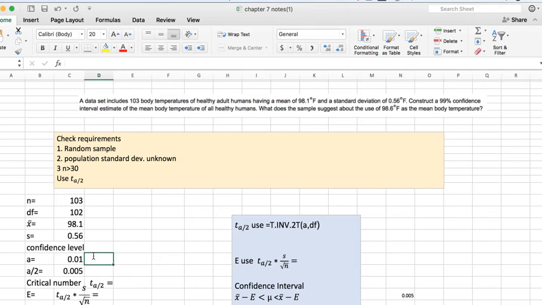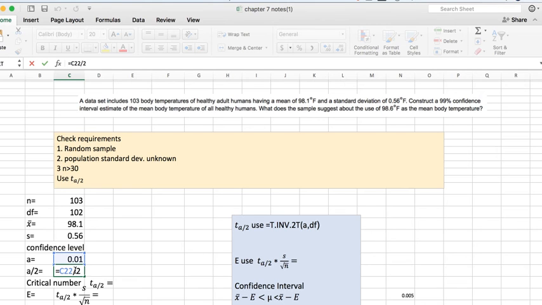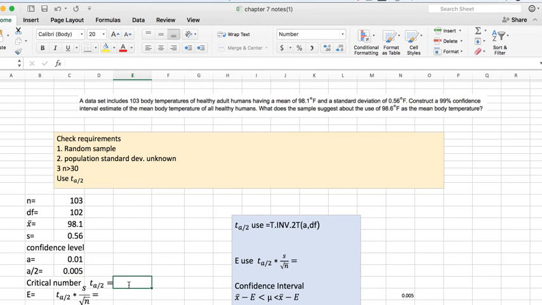Okay, then we want a 99% confidence level. So our alpha is 1 minus 0.99 or 0.01. What we really want is just the area in one tail of the t-distribution. So we took our 0.01 and divided by 2 to get 0.005. So now we need to find our critical number, just like a z-score, but this is a t-score. In order to do this on Excel, we're going to use a t inverse two tail.